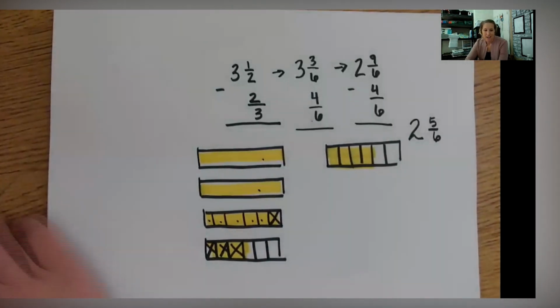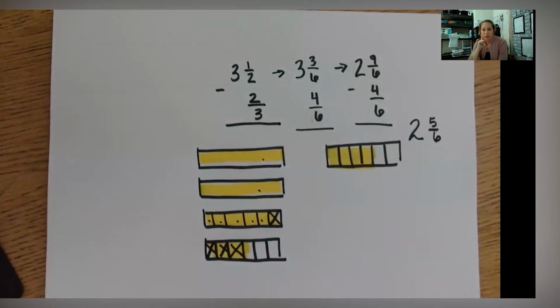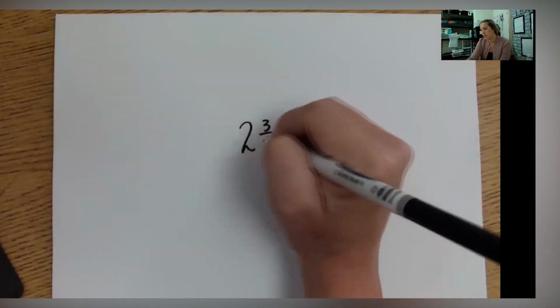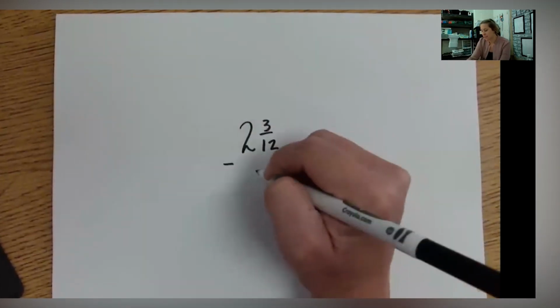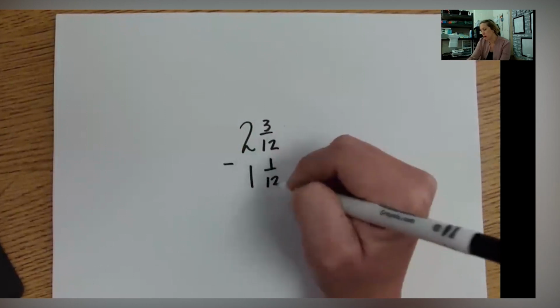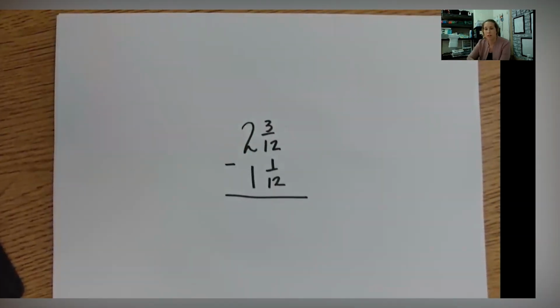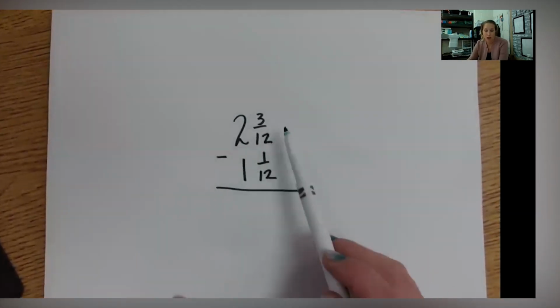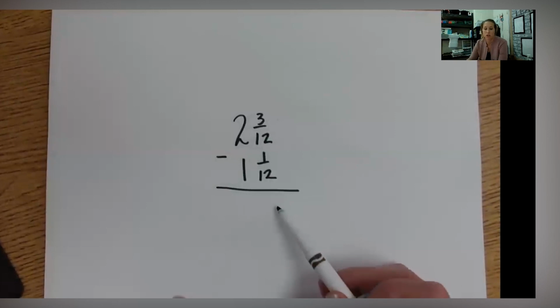Fantastic. Think back about what we've learned today. When subtracting the mixed numbers 2 and 3/12 minus 1 and 1/12, do you think we would have to regroup? You're right. We wouldn't need to regroup because we have enough twelfths to be able to take away 1/12.